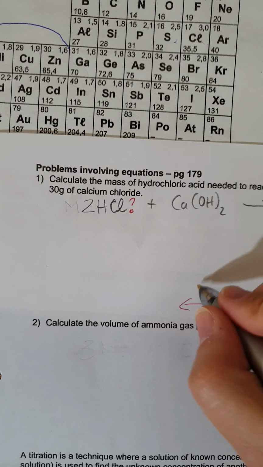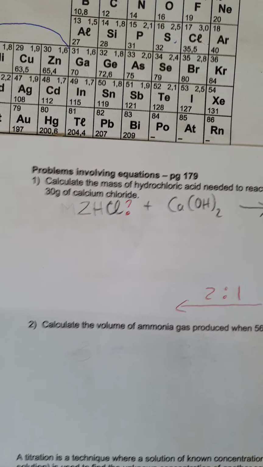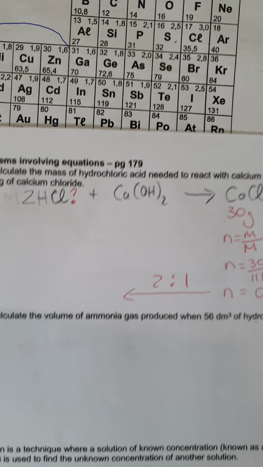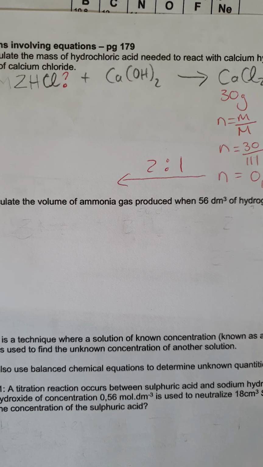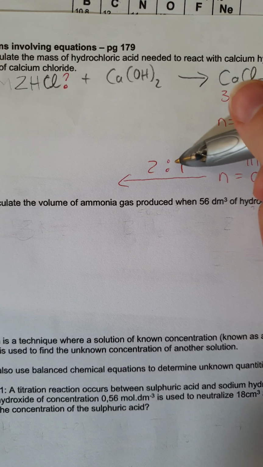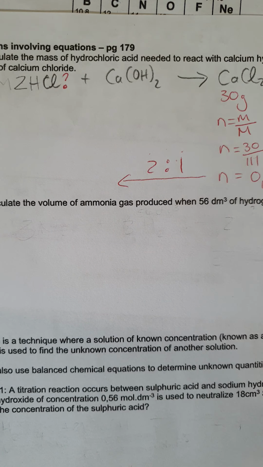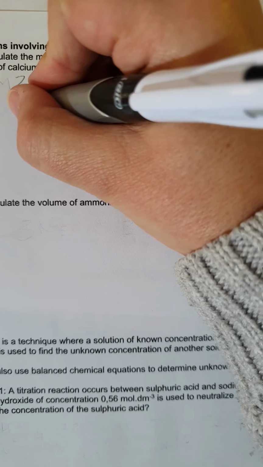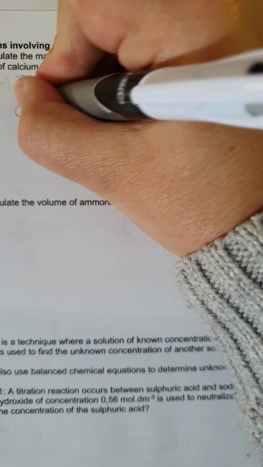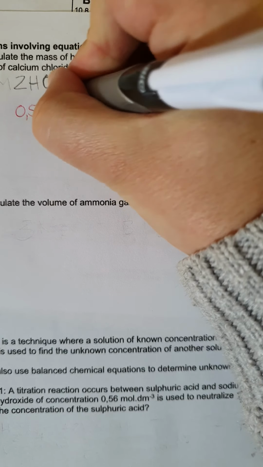It is a 2 to 1 ratio. I hope you can see that, 2 to 1 ratio. So we divide by the first and times by the second, so you're timesing it by 2. We get 0.54 moles of HCl.